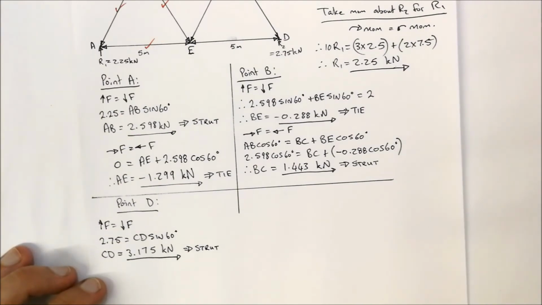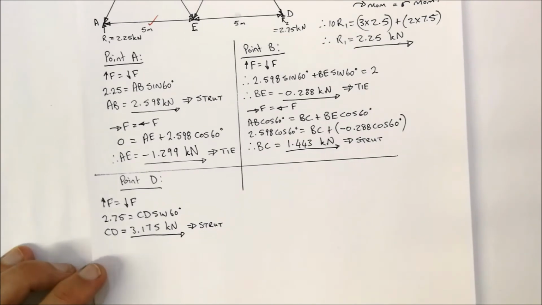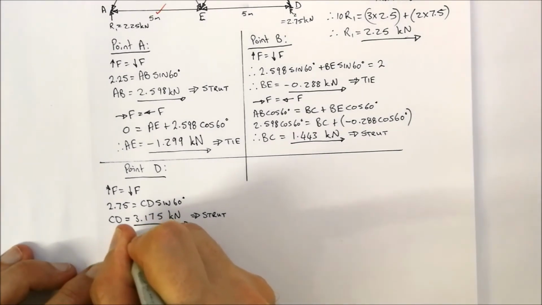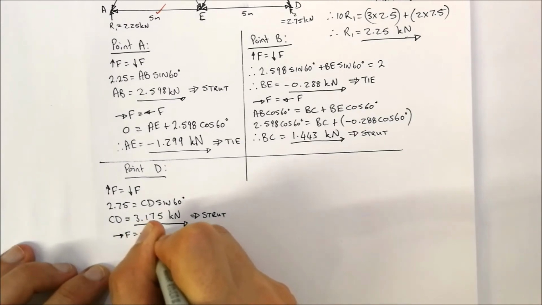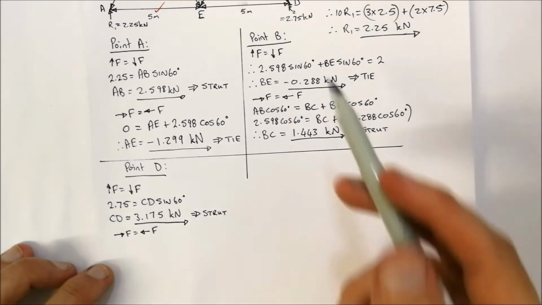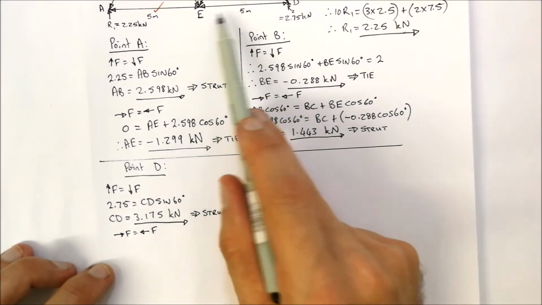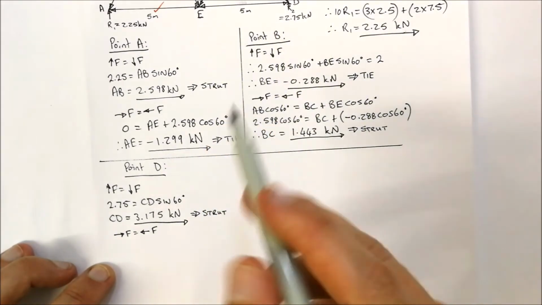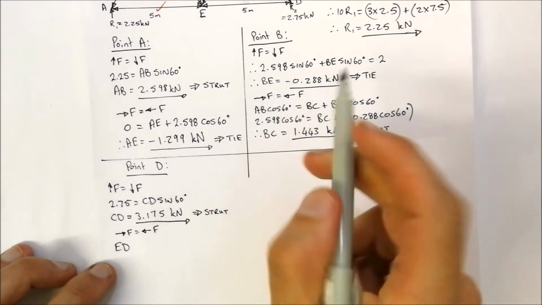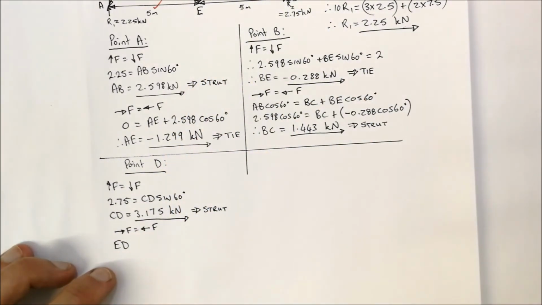Right. While we're at point D, we can say that right hand side forces are equal to left hand side forces. If we look at forces going towards the right, ED will go towards the right, so we've got ED. And we've also got this CD value that is going to act with some force towards the right.